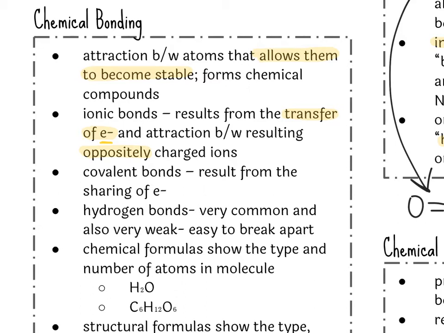So in this case, we've heard the saying opposites attract, and the same is true here. It'll have a positive and a negative bonding together because they're oppositely charged and they're attracted to that. The next type of bond that we're talking about is covalent bonds, and they result from the sharing of electrons.